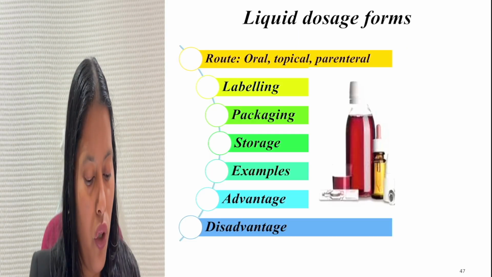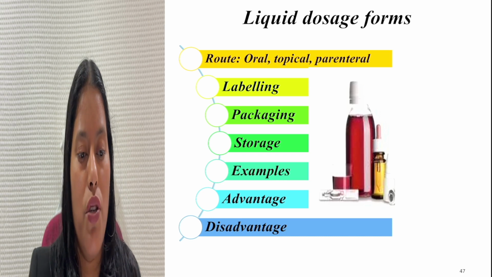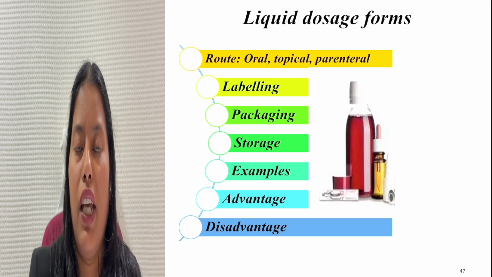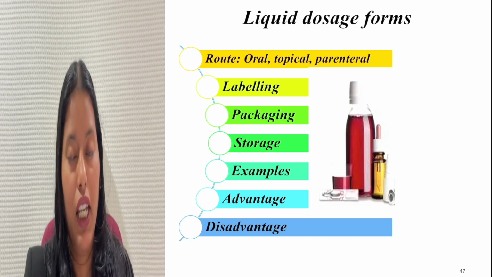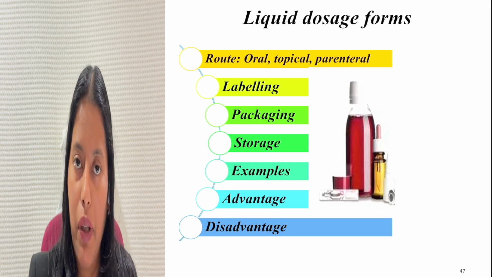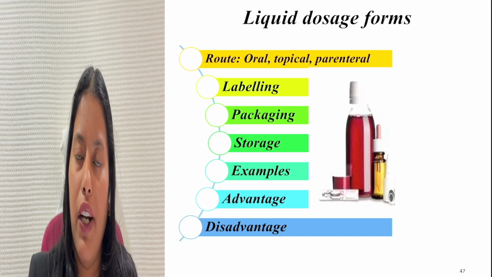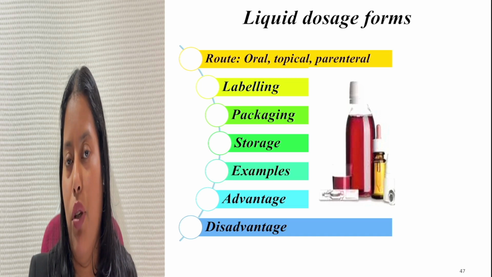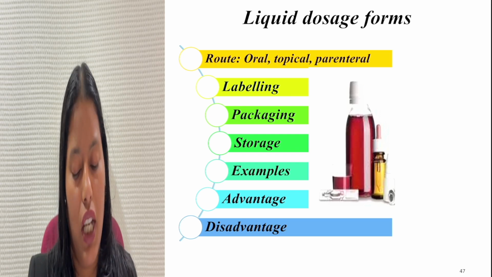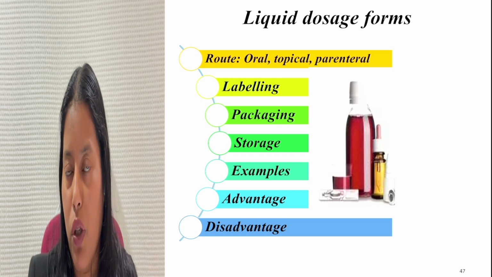What are the different routes of administration used for the liquid dosage form? You can see here a narrow mouth container filled with solution. It can be given by oral route. Then some solutions are applied onto the skin, that can be used as a topical route. Then you have a dropper here. You have drops which can be given orally.